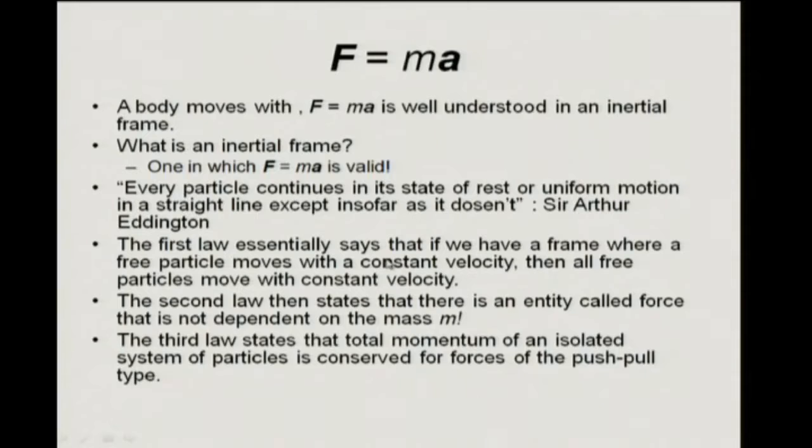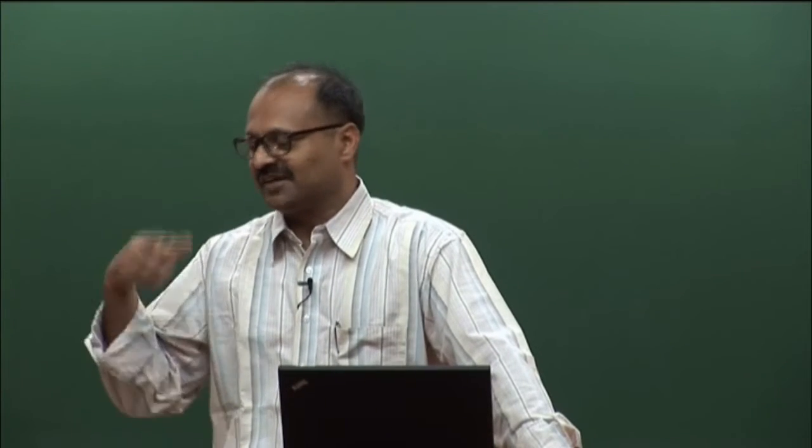And the second law, when you say force equals mass times the acceleration, you are essentially stating that there is an entity called force which is independent of the mass it is acting on. So, you can take a force, apply it to a mass of 1 kilogram, and you will get so much acceleration, but you can take that same force, apply it to another mass, and it will create twice the acceleration.